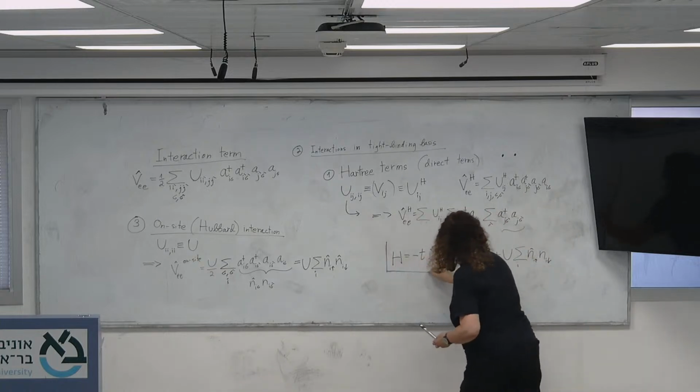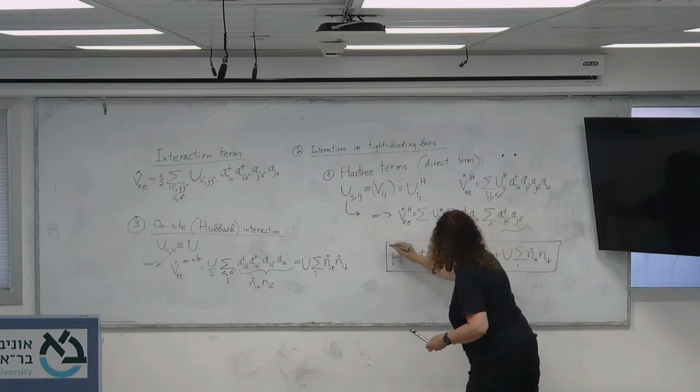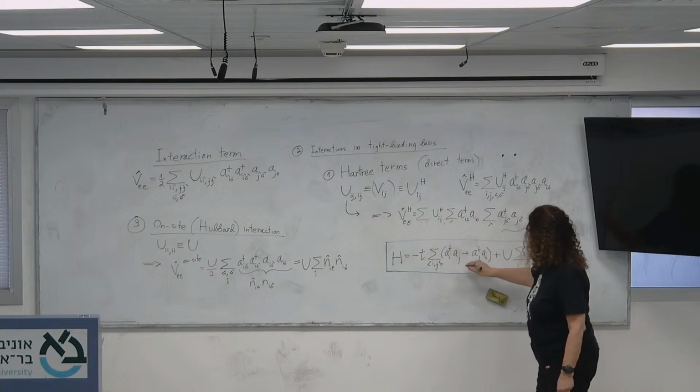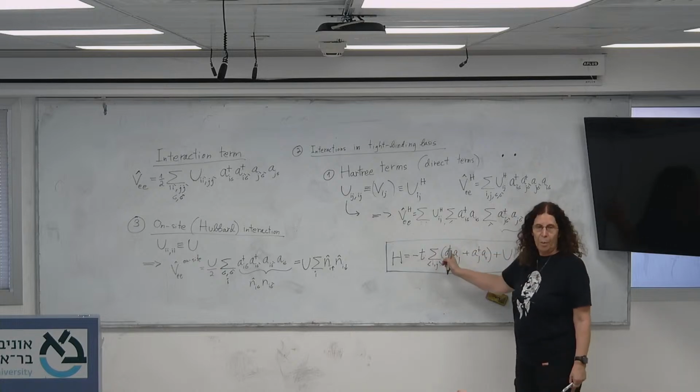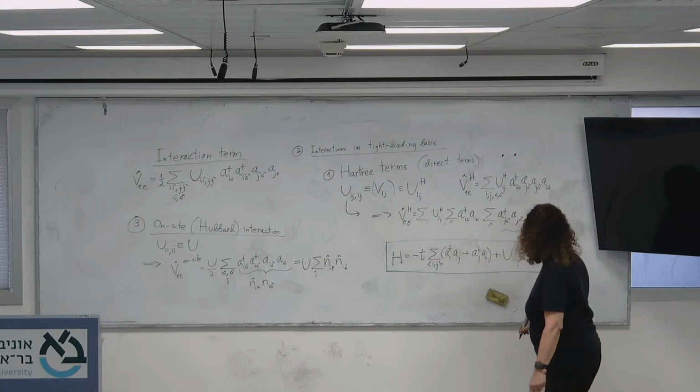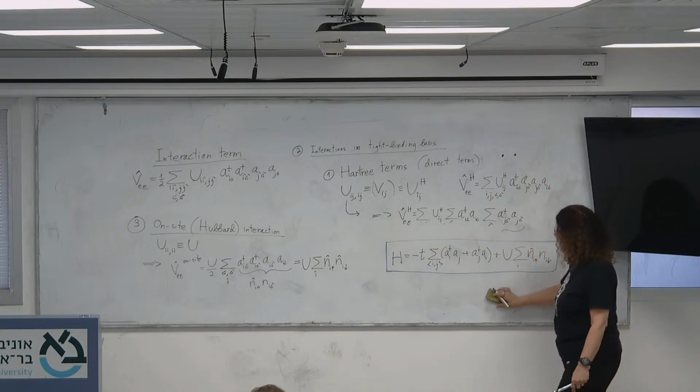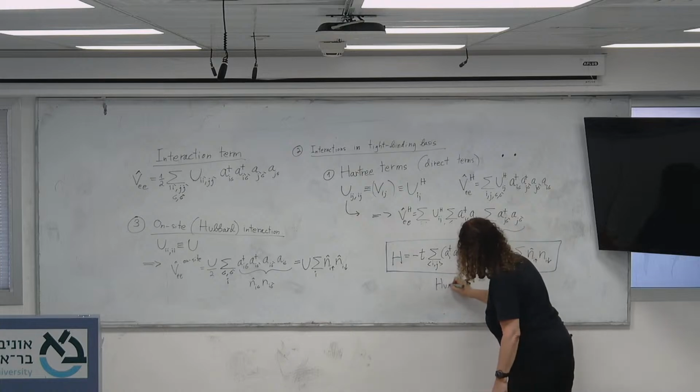So this is a model where the H naught, the one body term, is just a hopping between nearest neighbors, like a tight binding. And the second is an on-site interaction. This is called the Hubbard model.